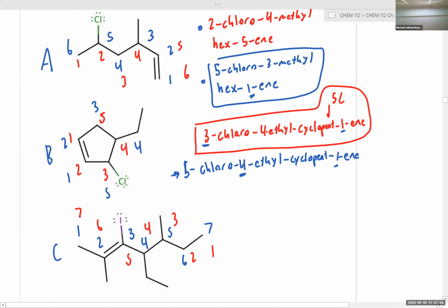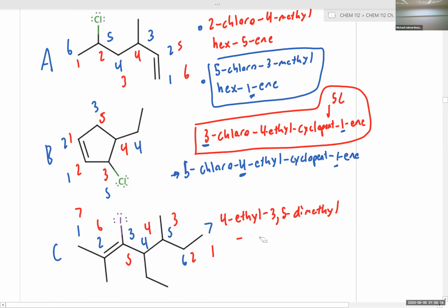Okay, so in red, we'd have 4-ethyl, 5-iodo, 3,6-dimethyl, hept, 5-ene.